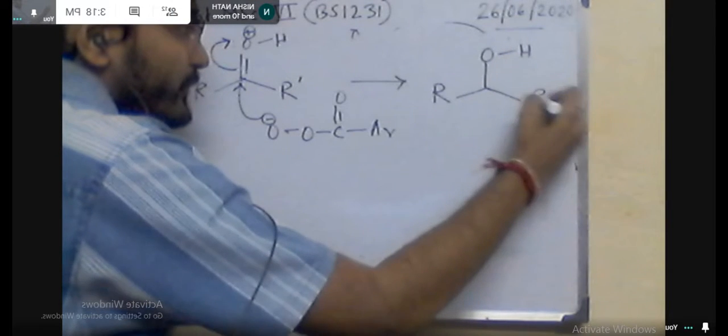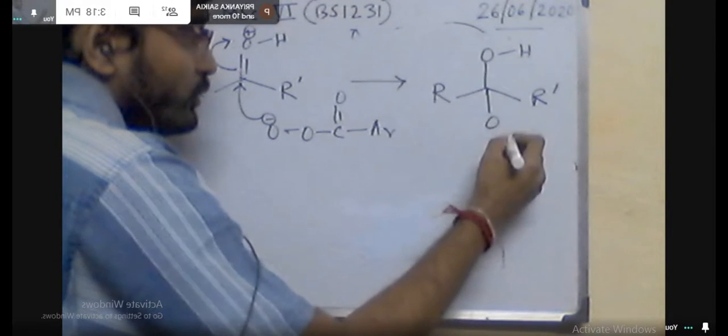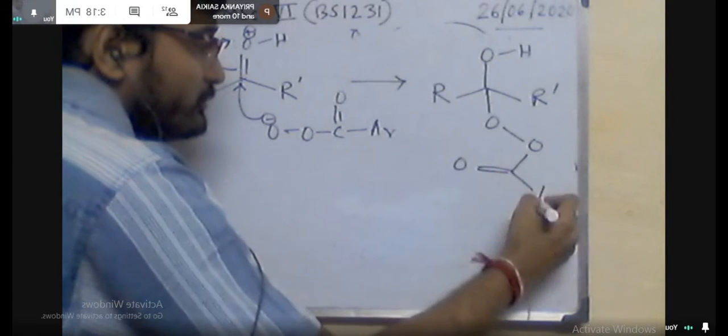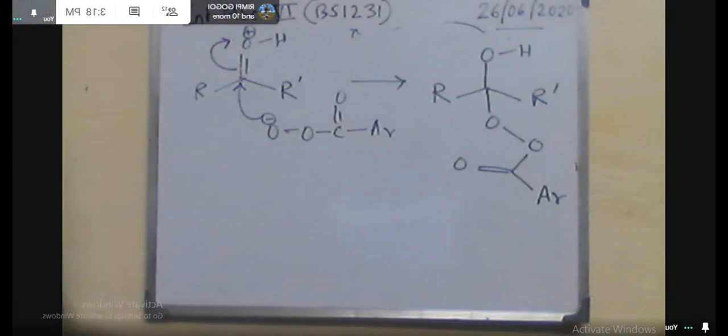Now in this case you can see that this oxygen which is attached in the peroxo group is electrophilic in nature.